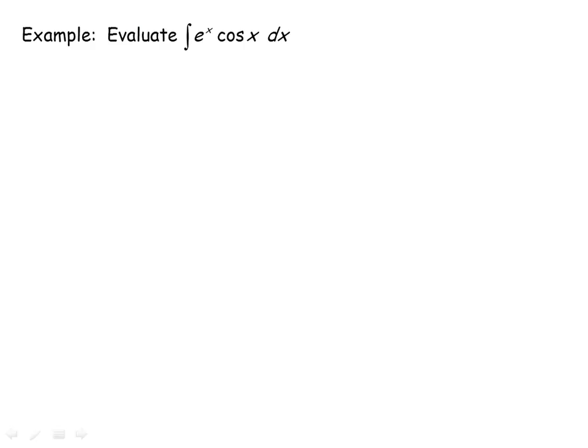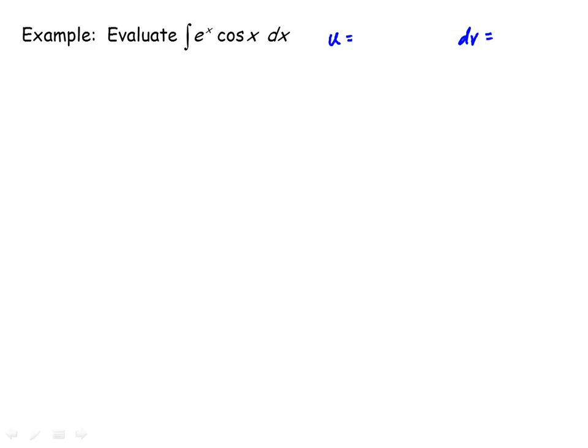So here, let's start by going ahead and doing integration by parts, just like normal. Can you tell me what the u and the dv are going to be? What do you want to try? If we let dv be cosine x dx, then the antiderivative is sine x, which is not so bad.